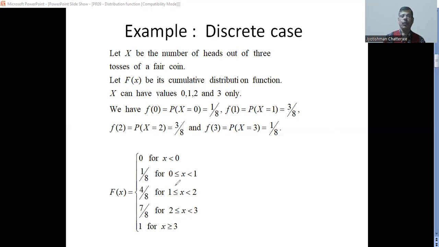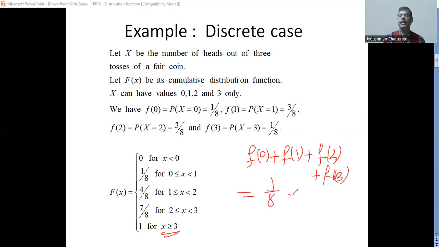And when you come here, small x greater than or equal to 3, then in fact you add all the f values, f(0) plus f(1) plus f(2) plus f(3), and you get 1/8 plus 3/8 plus 3/8 plus 1/8 equal to 1.